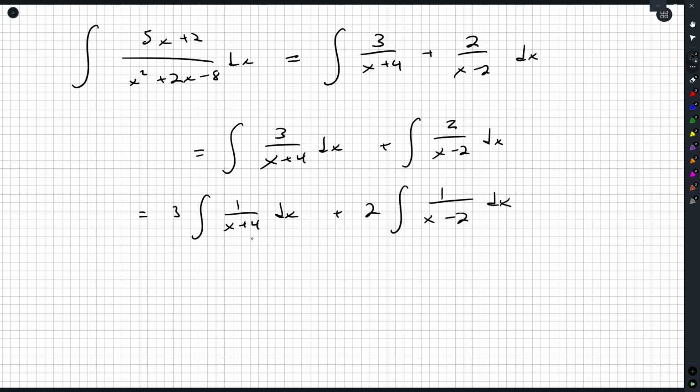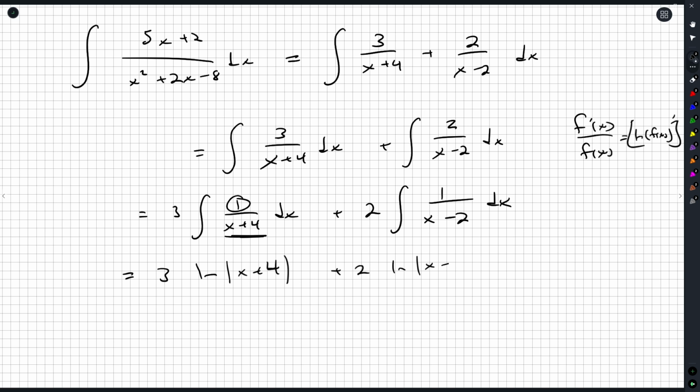And now integrating this, not too bad. The derivative of x plus 4 is 1, so this looks like an f prime over f, which we might recall is the derivative of ln of a function. So it's really quick to undo this. This is just going to be ln of whatever's on the bottom. Ln of, usually we like absolute values here, ln of x plus 4, plus 2 ln of x minus 2.